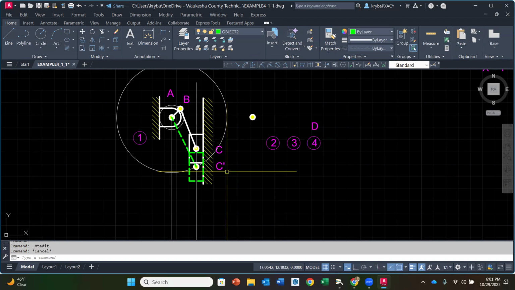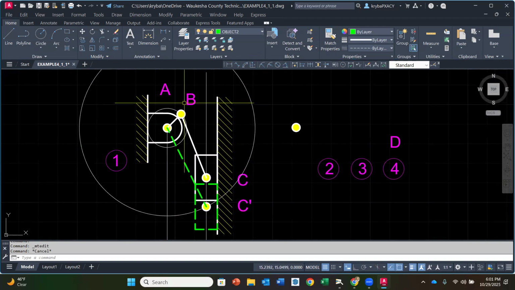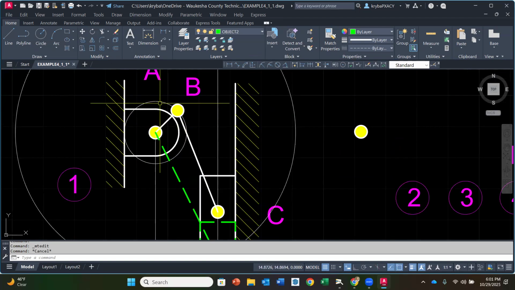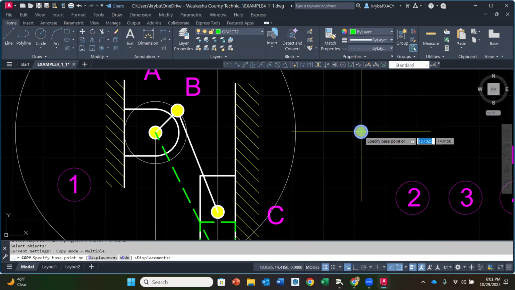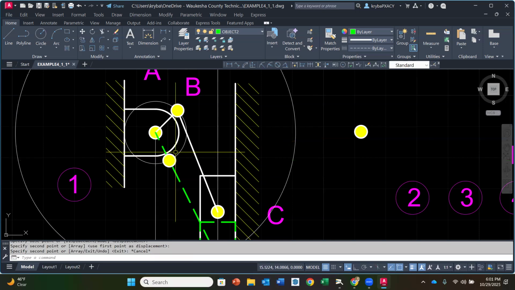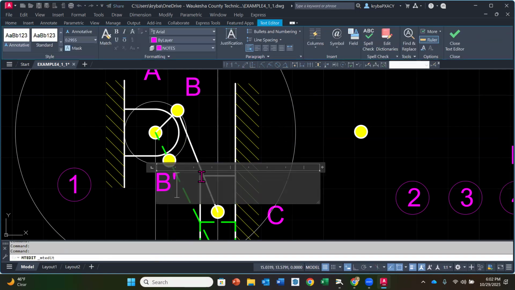Okay. So this is one of our extreme positions. Additionally, B moved, right? Now I left in this radius of a 1/2 inch for the circle there. So at the intersection, I would add my pin connection right there. And that is going to be the new position of B, which is going to be called B prime.